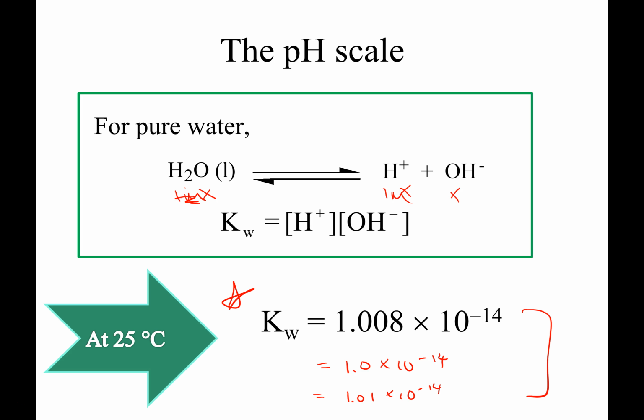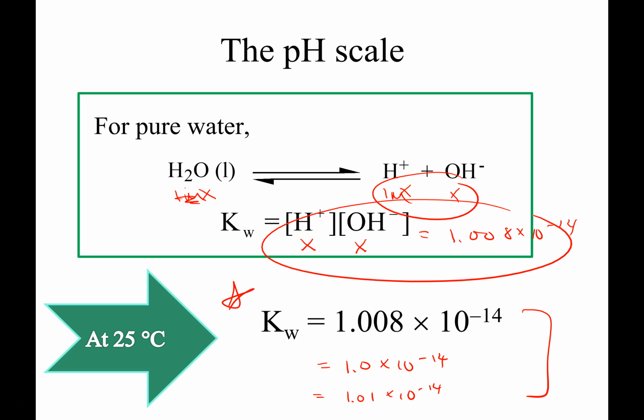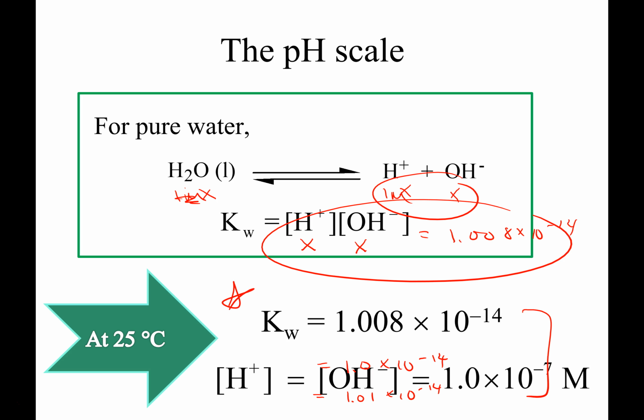Do you guys see this? Where I had us put x's up here, so here we have an x and an x, equal to 1.008 times 10 to the minus 14th. Can you get to the value of x? Heck yeah. Just take the square root of that. So if you take the square root of 1.0 times 10 to the minus 14, you get 1.0 times 10 to the minus 7.